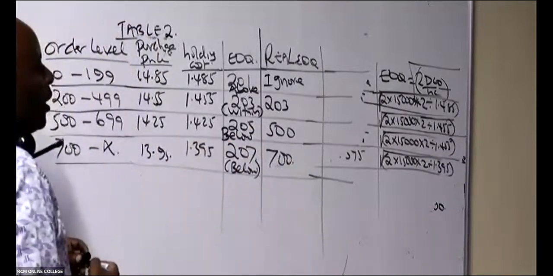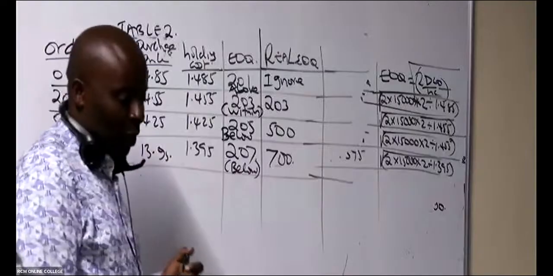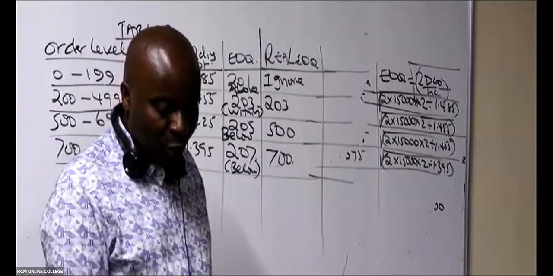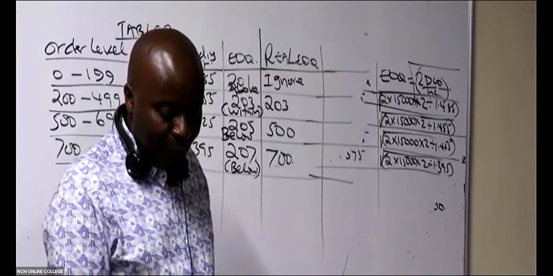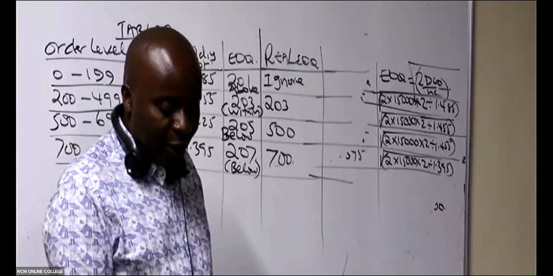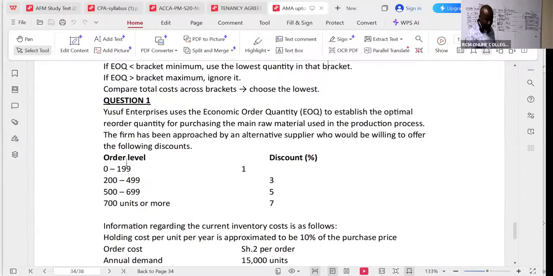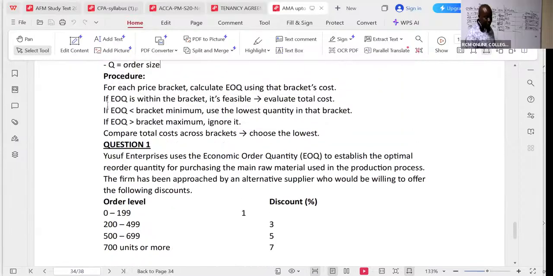Please allow me to repeat this concept for the safety of everyone. What we have been told here, very important, is that if EOQ is within the bracket, it's feasible, it's real, so evaluate it.